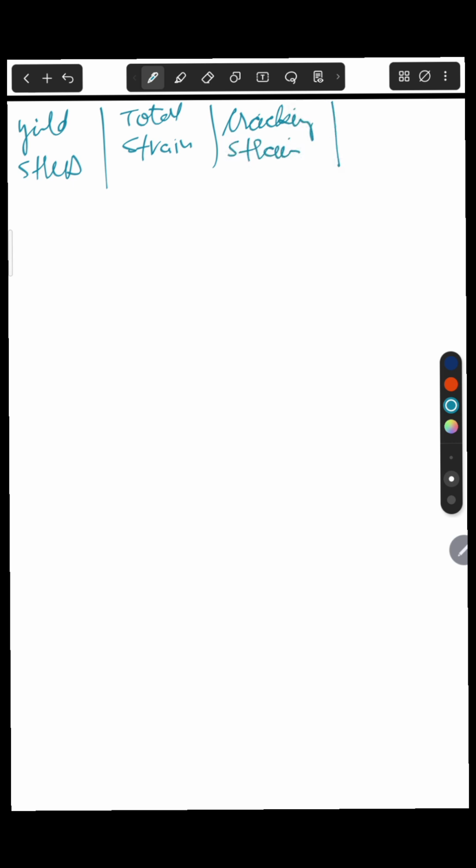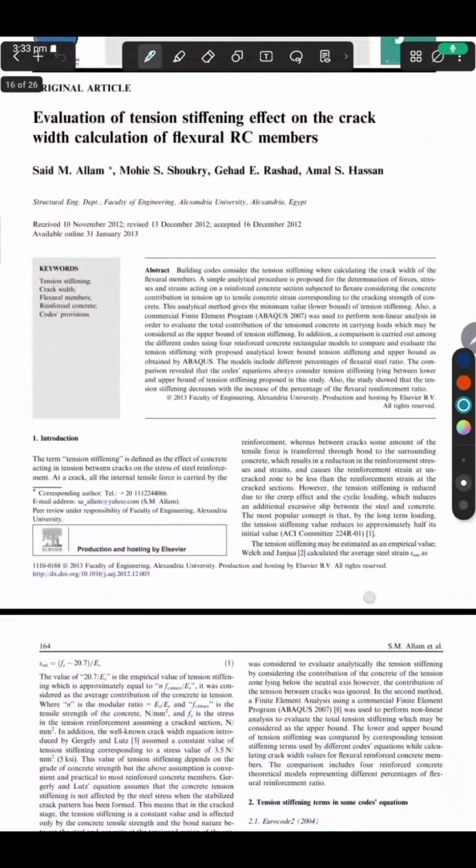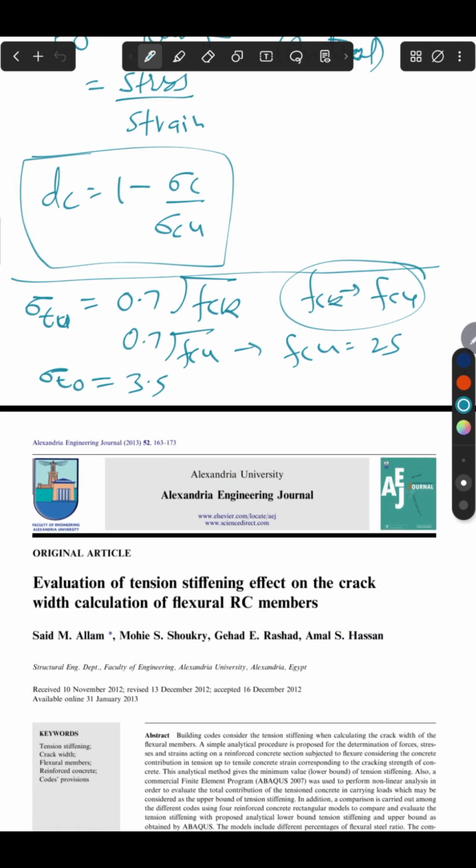And fourth we have damage parameter. So now for tensile behavior, I will prefer using the evaluation of tension stiffening effect on the crack width calculation of flexural RC members. You can see by side.